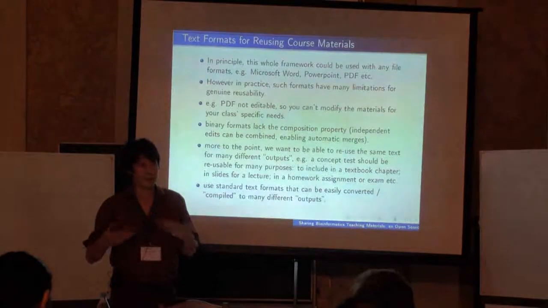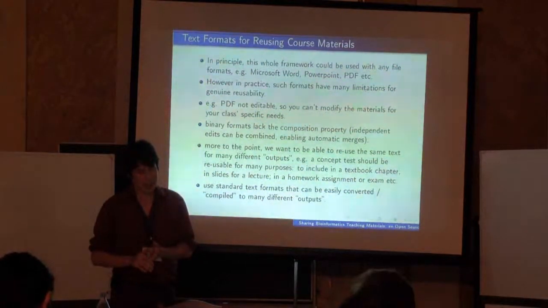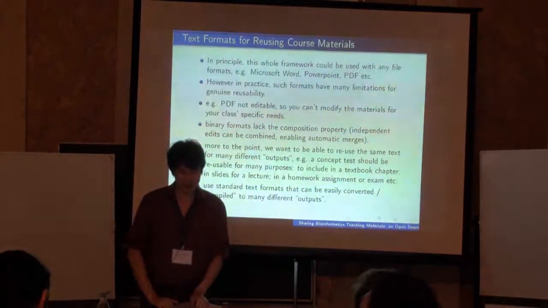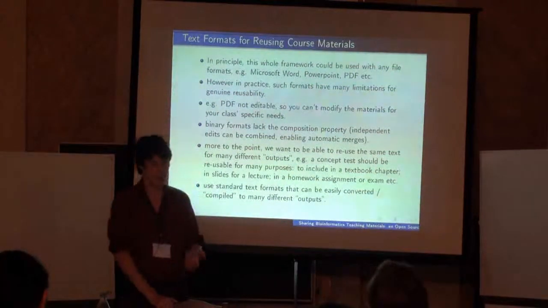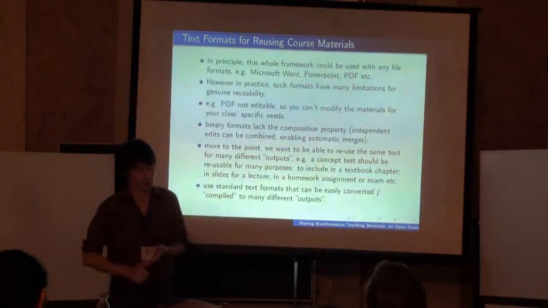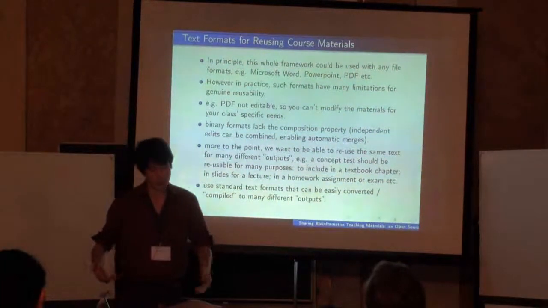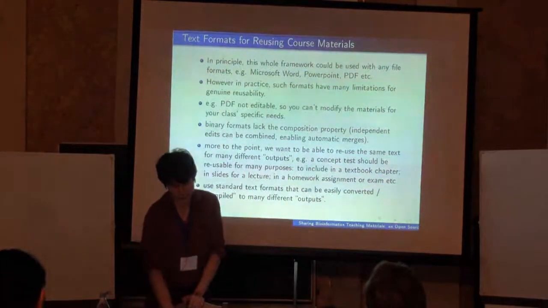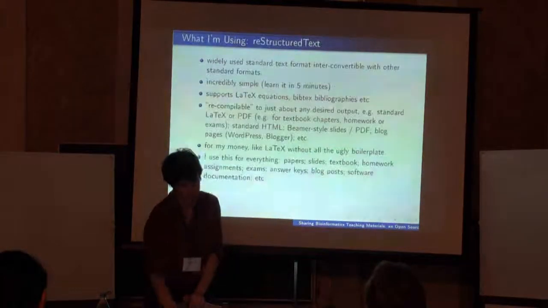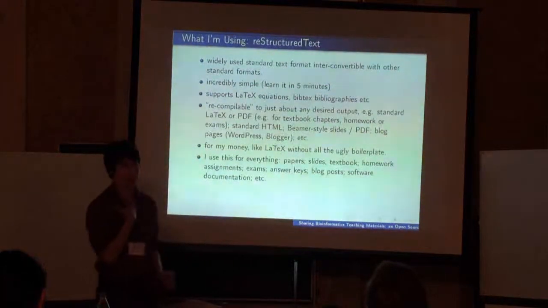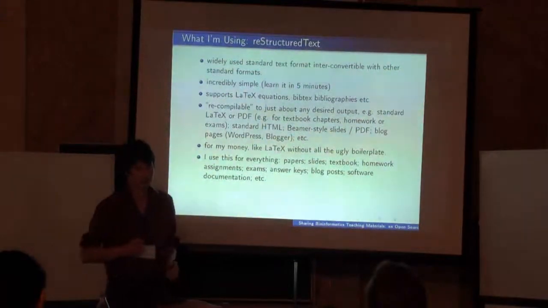So basically just flat text. I find this is far easier than other formats like binary formats or Microsoft Word or what have you, although obviously all these things are interconvertible, so it's not a big issue. But I will talk a little bit about specifically how I've been doing things in case it's useful for other people.